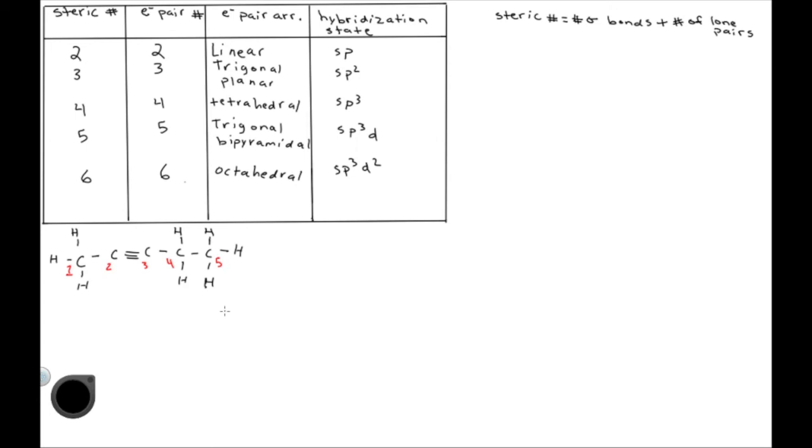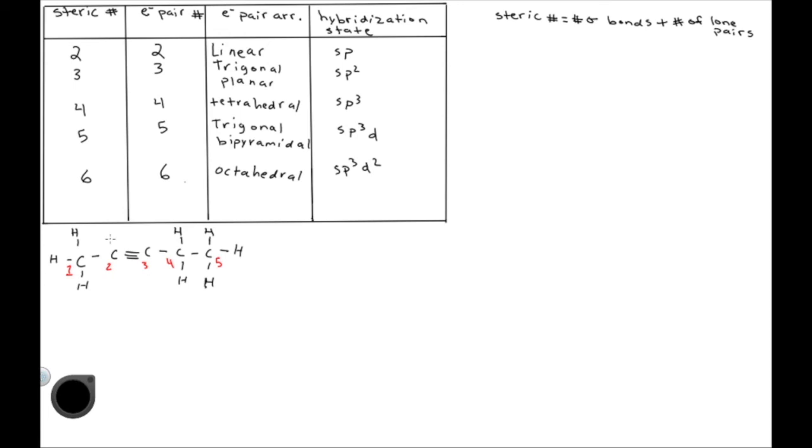So therefore, the electron pair arrangement for carbon 4 is going to be tetrahedral, and therefore it's going to be sp3 hybridized. And finally, carbon 5 has the same bond structure as carbon 4, so it's also going to be tetrahedral and have a hybridization state of sp3.